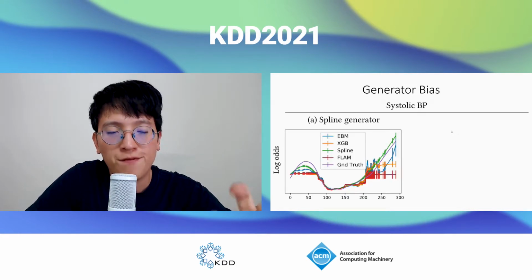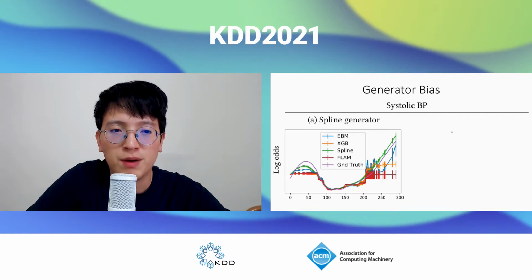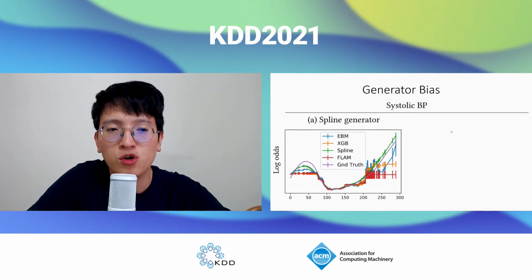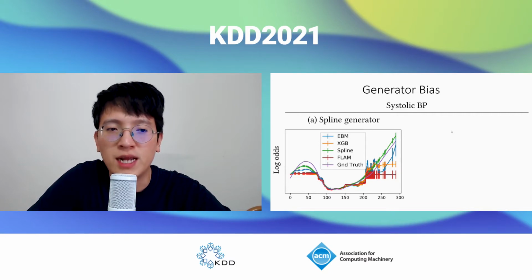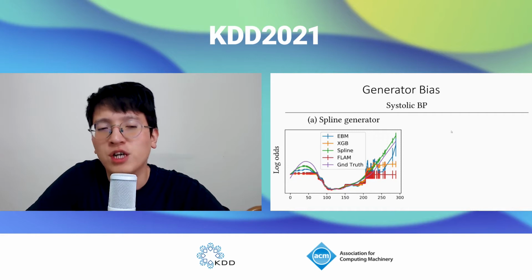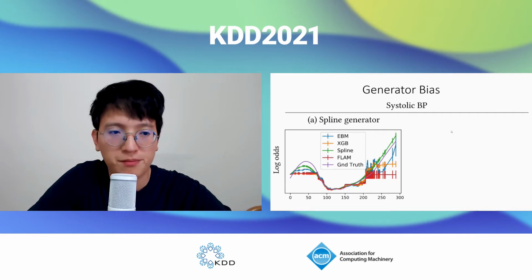Here we show one feature, systolic blood pressure from MIMIC2. This dataset is generated by Spline, as you can see in the purple line that the ground truth is pretty smooth. We find that in this dataset, the green one, Spline, is much closer to the ground truth, which makes sense since if your data is generated by Spline, of course the Spline model will learn better.